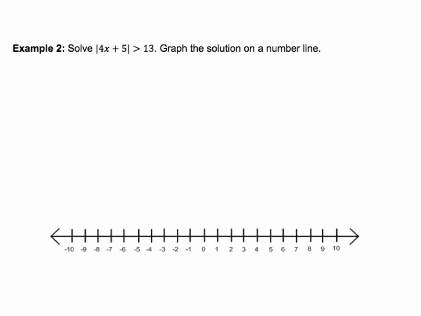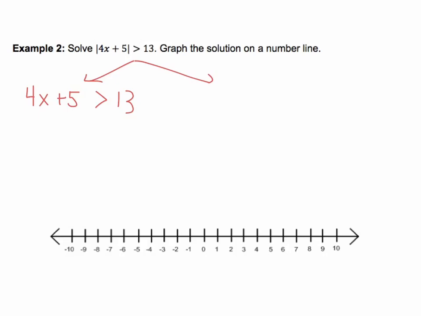So it's at this point that I can go ahead and break the problem into two little mini inequalities. So we're going to do 4x plus 5 is greater than 13. So basically you write that first inequality by just dropping the absolute value bars.